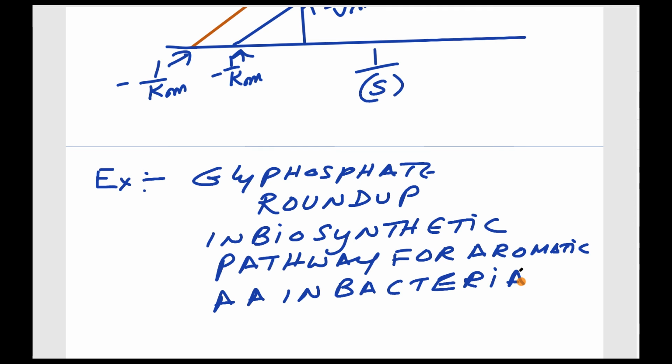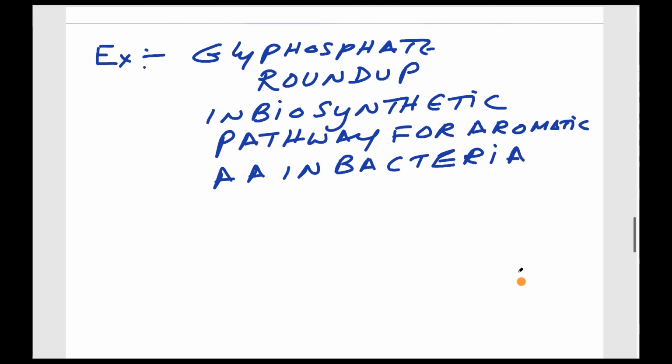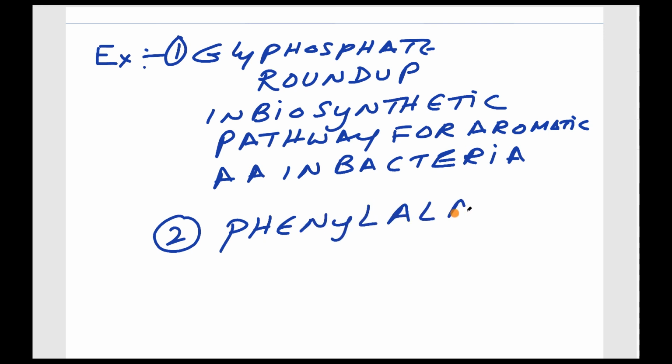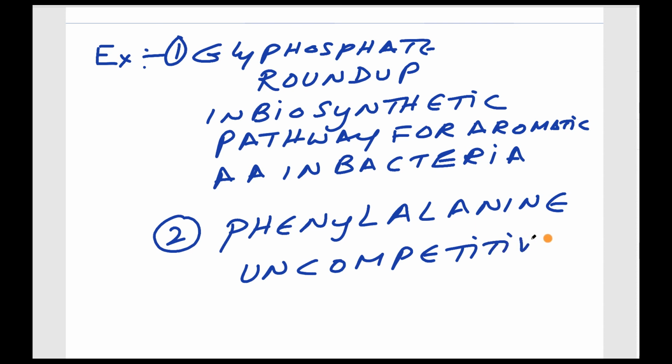Animals lack this enzyme. The next example is phenylalanine, an aromatic amino acid. It also acts as an inhibitor. Phenylalanine is an uncompetitive inhibitor of placental alkaline phosphatase.